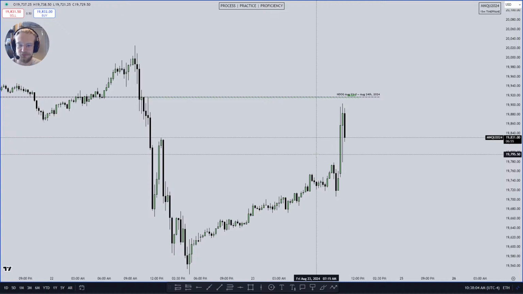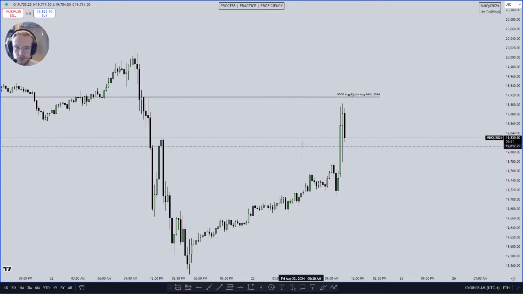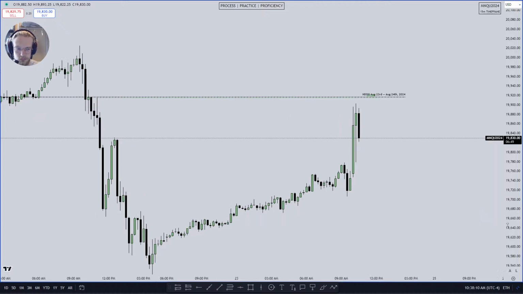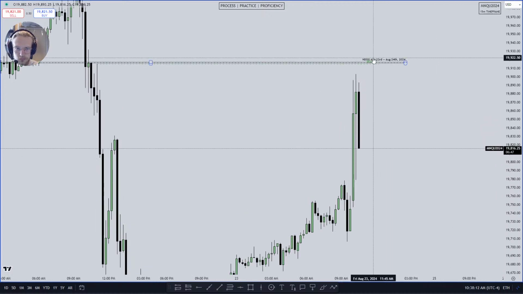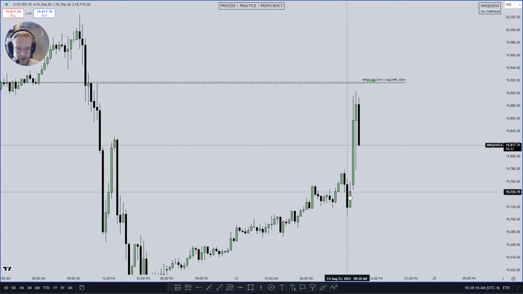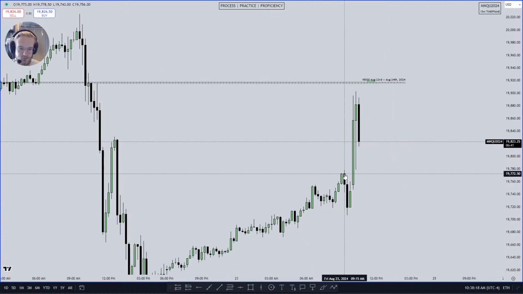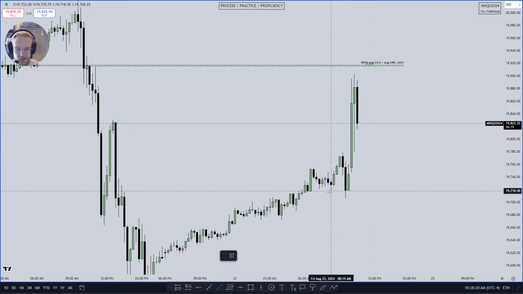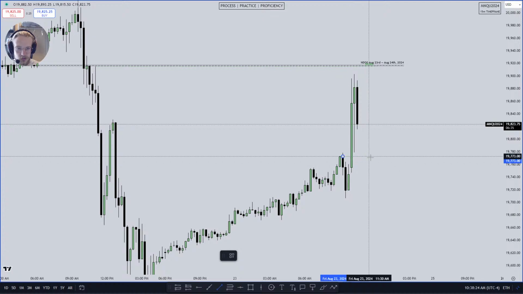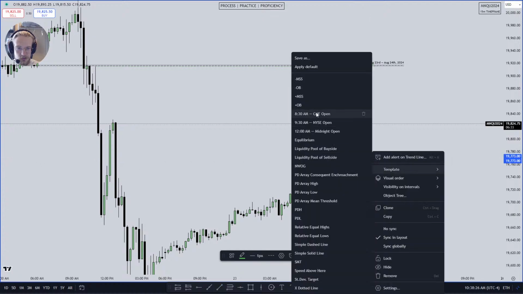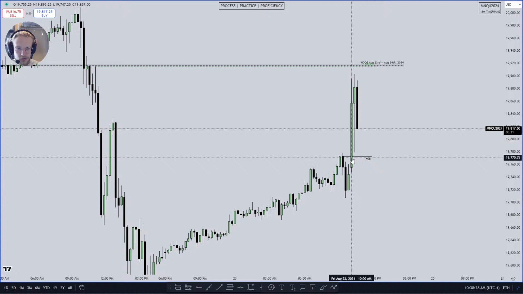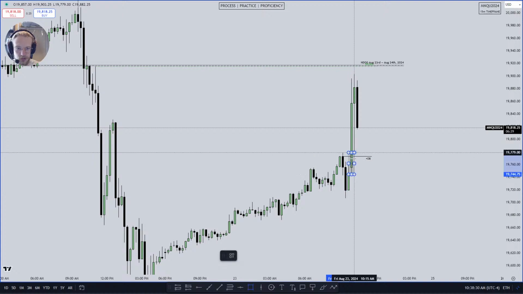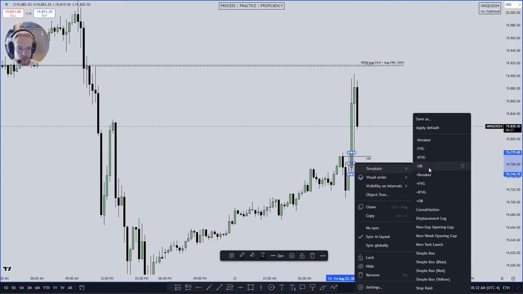Then basically have this order block right here. So if price comes back down into it, we would anticipate some sort of move higher.